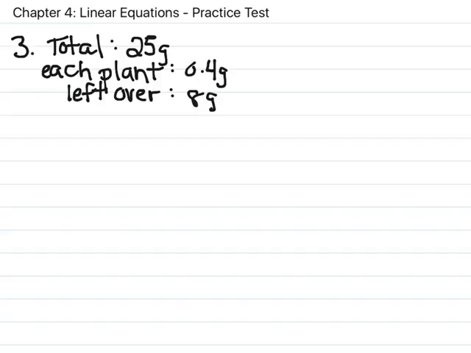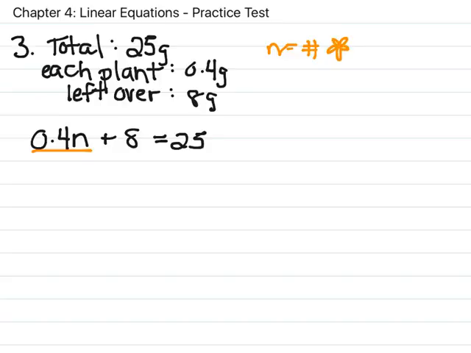So we want to solve the equation that they've given us, which is 0.4n plus 8 equals 25. So here what they have is 0.4 times the number of plants. So n is number of plants.